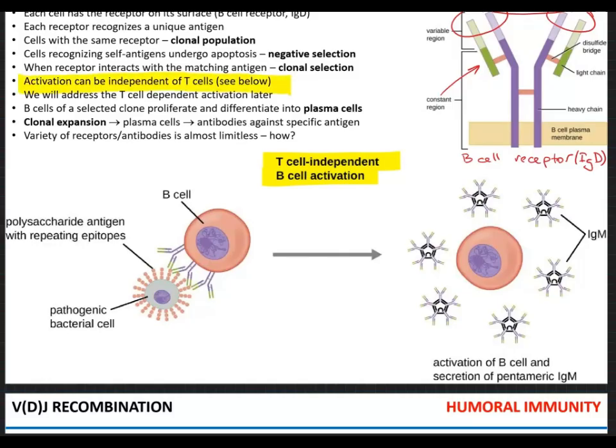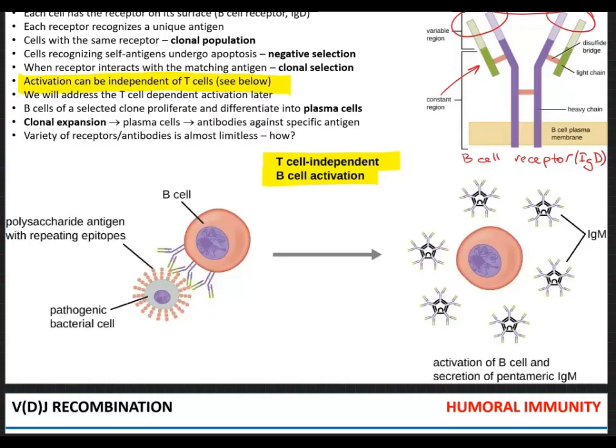Activation of B cells can occur by them simply binding, recognizing the antigen without any help from another category of adaptive cells, T cells. Can T cells help? Yes. Will it make the humoral response better? Also yes. But conceptually, B cells can recognize and mount a response to an antigen without the participation of T cells.